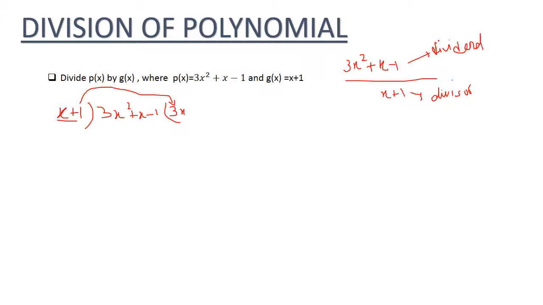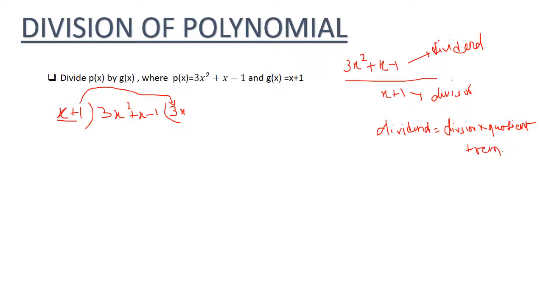We already know dividend equal to divisor into quotient plus remainder.